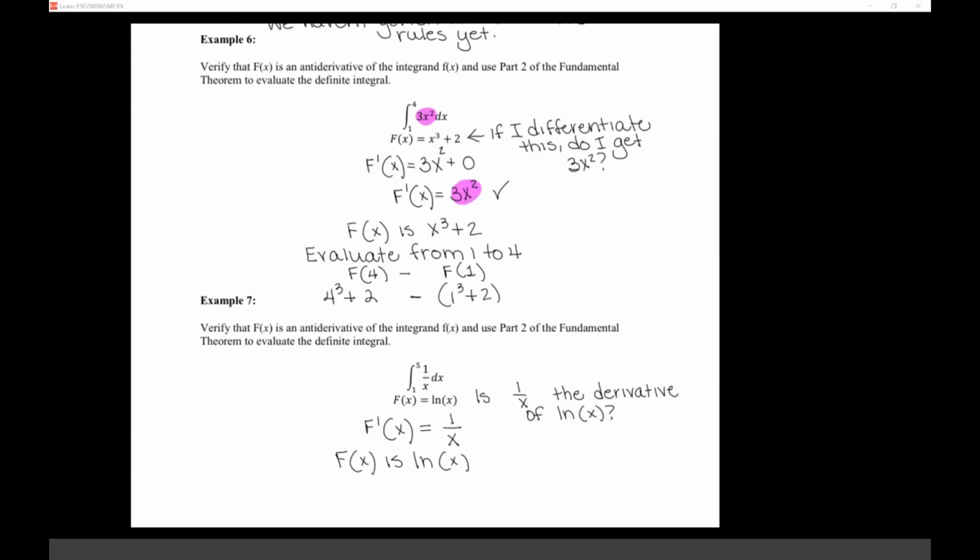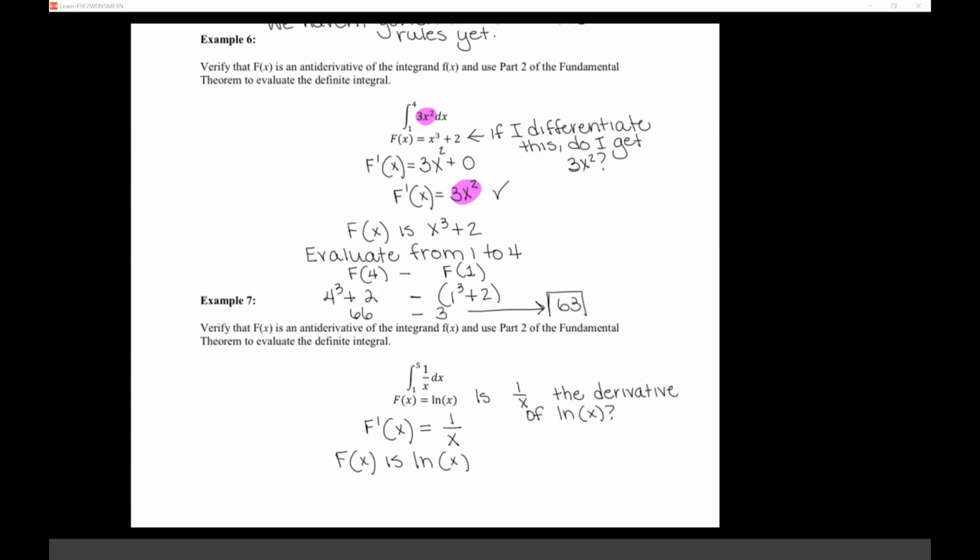I'm putting this lower bound in parentheses to make sure I don't lose the negative sign distributing to both. So 4 cubed is 64, plus another 2 is 66, minus 1 cubed is 1, plus 2 is 3, so 66 minus 3 is 63.